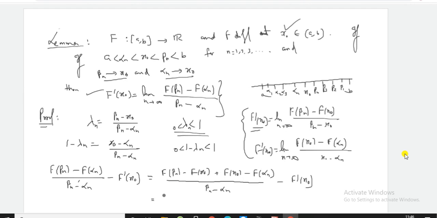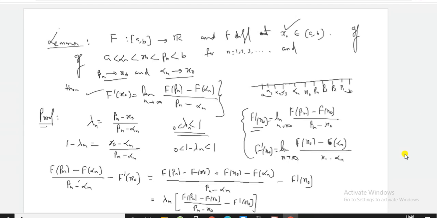So you can write this lambda n into f beta n minus f x0 divided by beta n minus x0, and minus f dash x0. We'll just write this minus f dash x0, and plus this remaining term f x0 minus f alpha n.